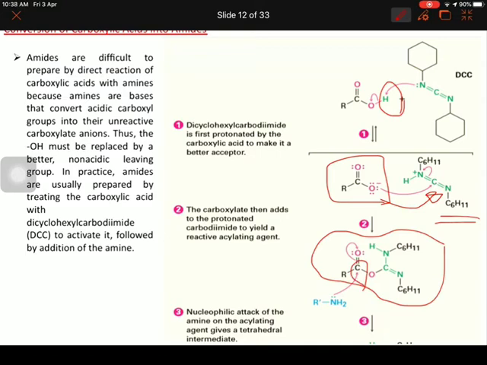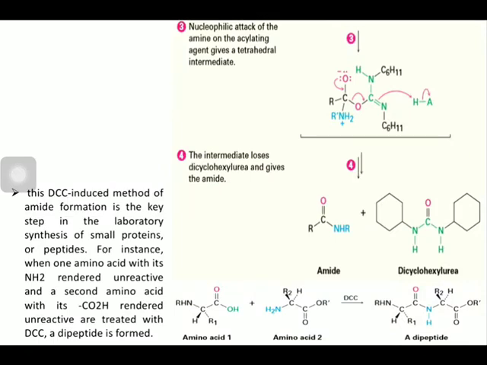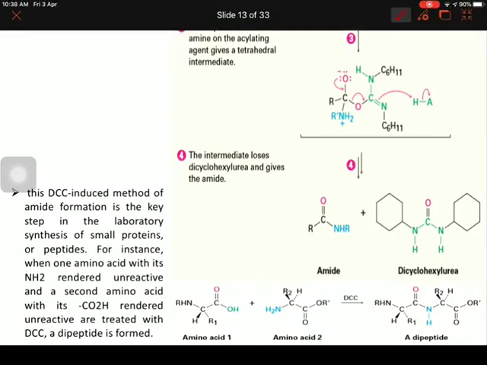Now it is easy to attack by any amino group, the electron pair on the nitrogen. After the amine attacks the carbon of the carbonyl, we get this structure, the catalyst, the carboxylic acid and the amine all together.